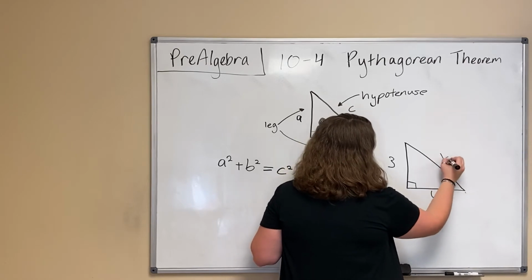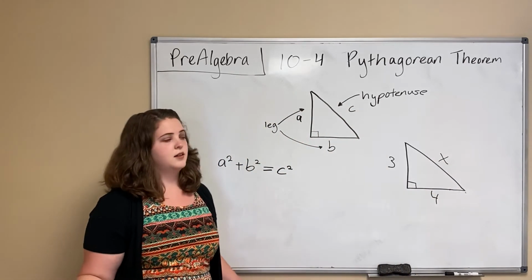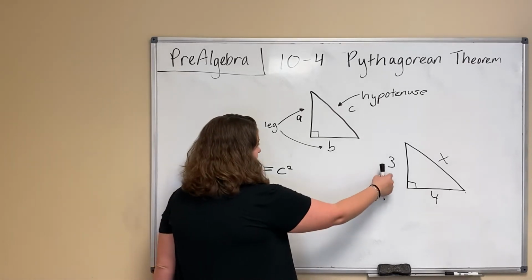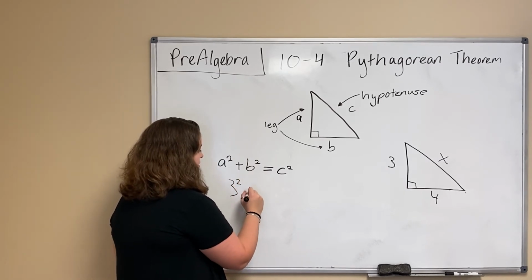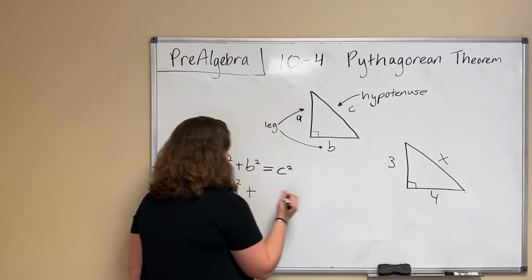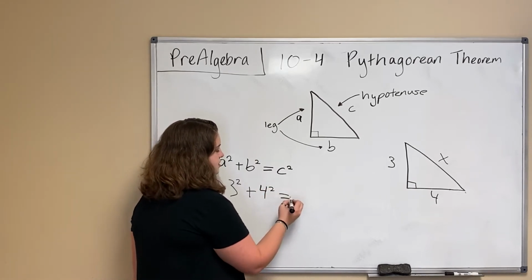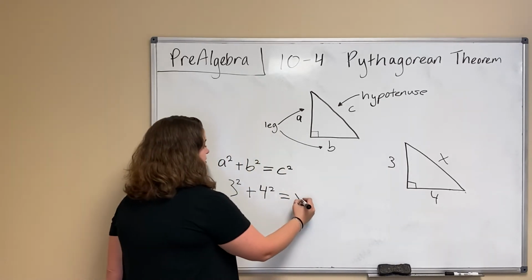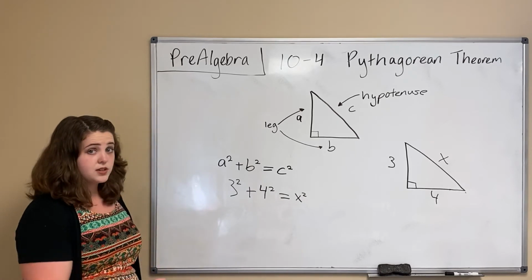And then I asked you, how long is that side? What you're going to do is take the leg 3 squared plus the other leg 4 squared equals the hypotenuse also squared. And then we just solve for x.